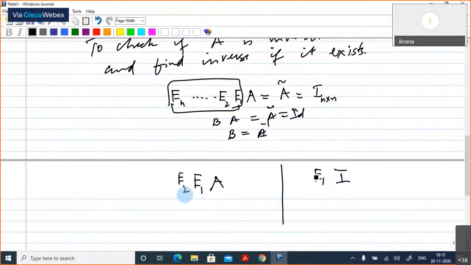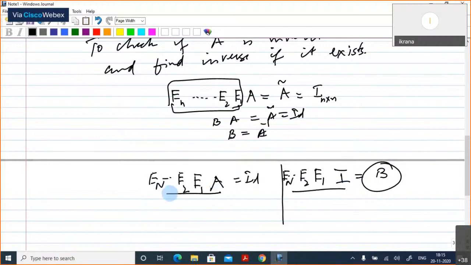I do E2 here, and then E2 here, and so on, until this becomes the row equivalent form, which is identity, and the other side changes to some matrix B. So this matrix B is precisely obtained from the identity matrix by applying to it the same elementary row operations that you apply on A.